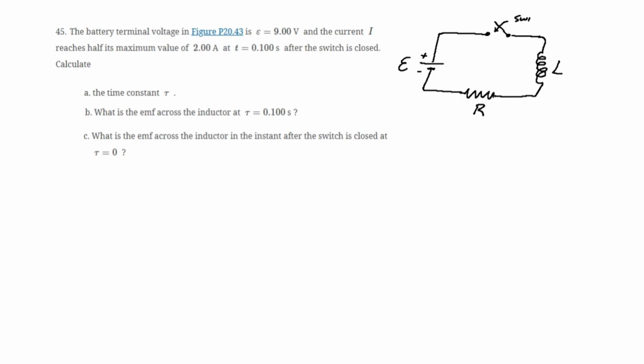This is my circuit. So this is an RL circuit, a circuit that contains a resistor and an inductor. So how can we calculate the time constant?